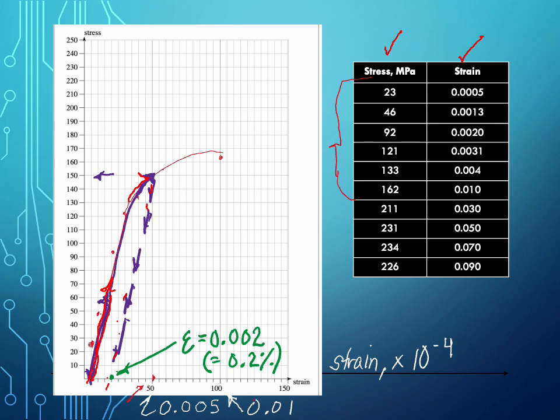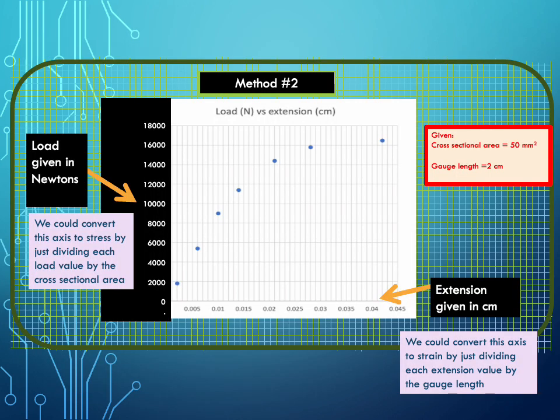That's method one. Okay, so method two would be if we were given the graph to start with, rather than given data. So here's an example. I've got load in newtons on the y-axis, and extension given in centimeters on the x-axis.